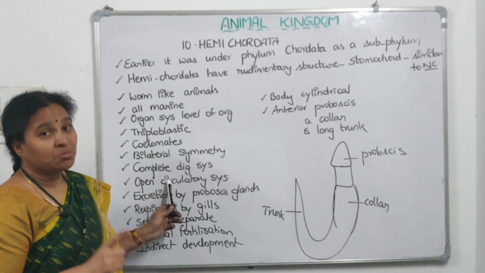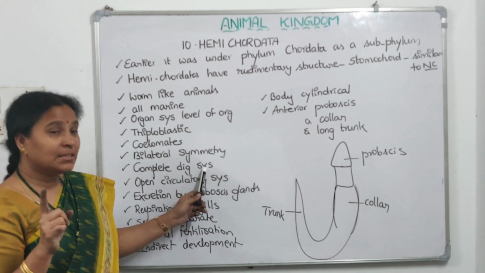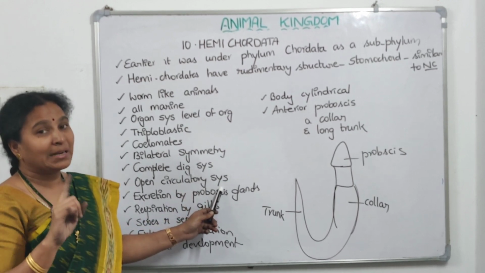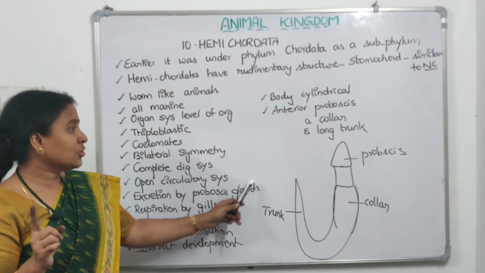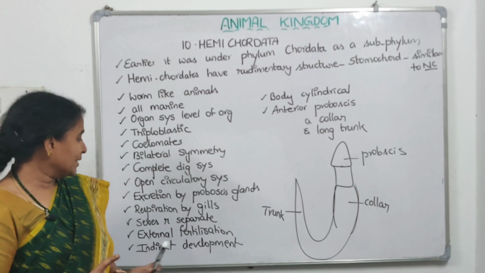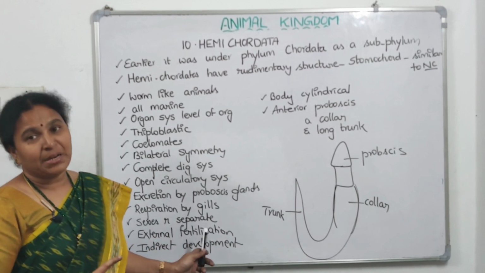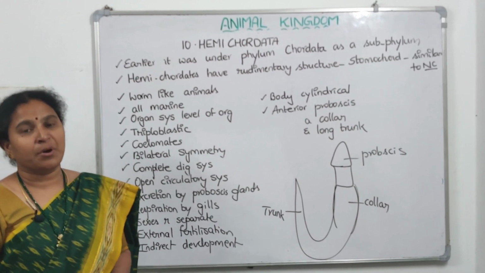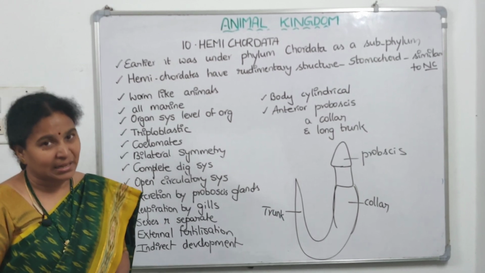Now digestive system, it is complete, it has both mouth and anus. Circulatory system is open type, means blood vessels are poorly developed and blood comes out of the heart. Excretion is through this, that is proboscis gland. Respiration is by gills and sexes are separate, means they are dioecious. External fertilization happens outside the body and development is indirect.